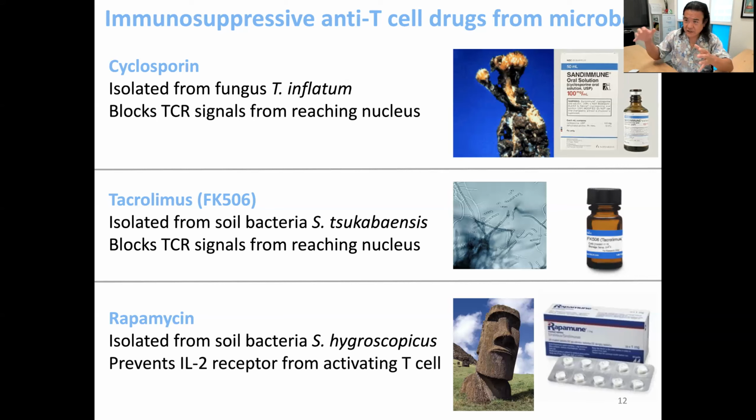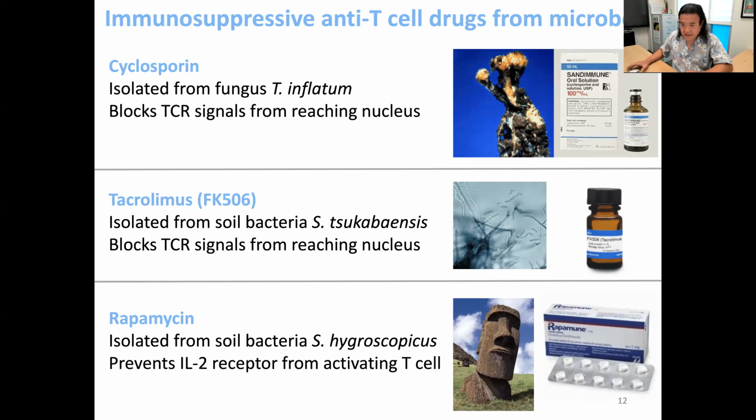And remember, we also learned that helper T cells can help cytotoxic T cells activate by giving the cytotoxic T cell IL-2. So IL-2 is one of the most important signals in order to get a T cell to properly activate. And as a result, if you can somehow block the receptor on its surface that is meant to bind IL-2, you can very effectively prevent T cells from activating.